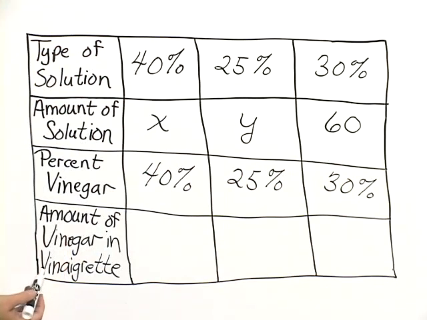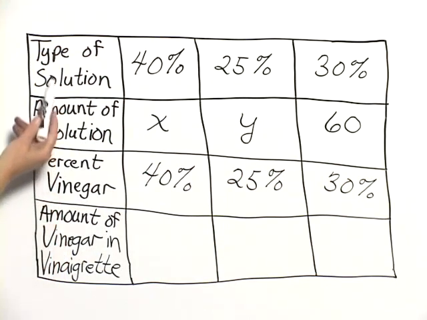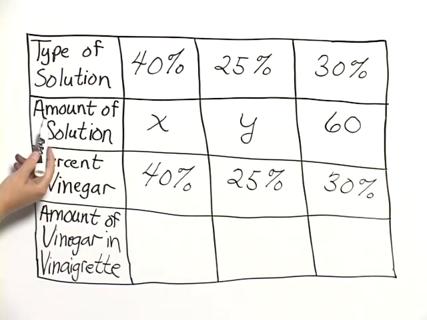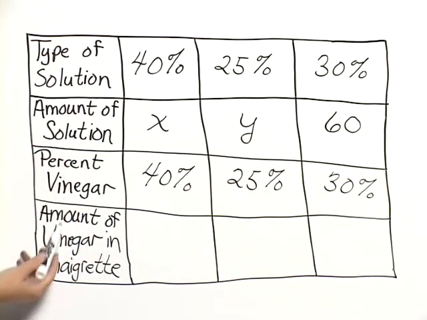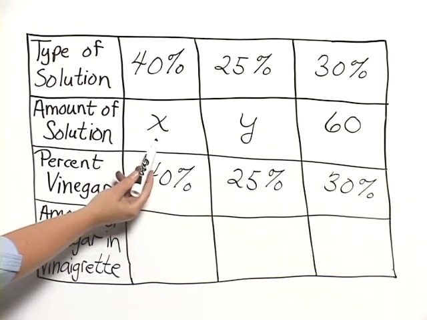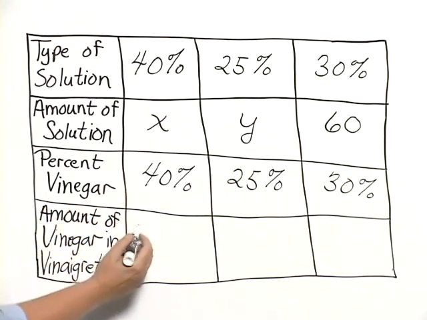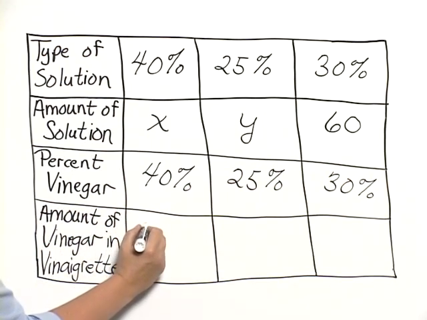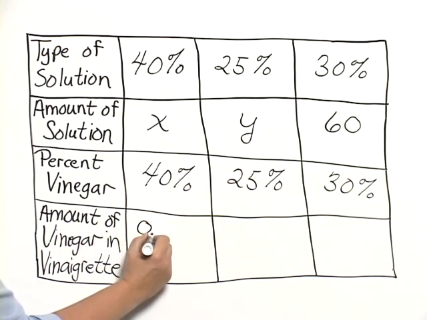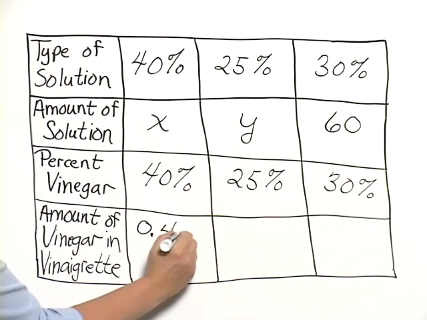Now the last column is real important in this last row. In the second row, we were looking for the total amount of the solution. In the last row, we're looking for just the amount of vinegar. Well, since we have x liters and 40% of it is vinegar, this is going to be 40% of x, or 0.4x.